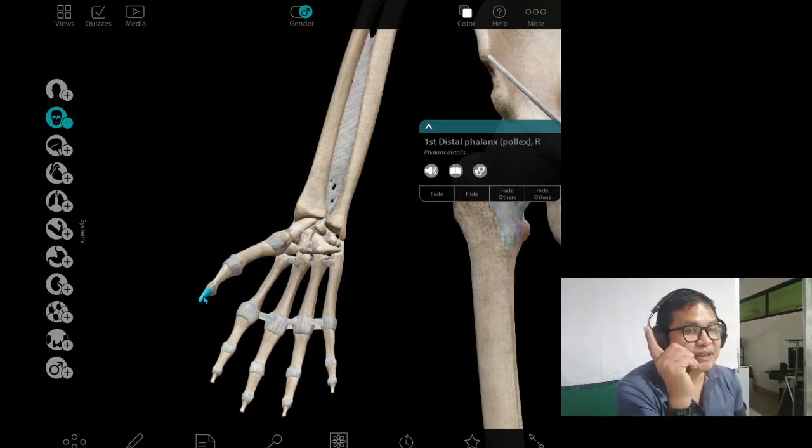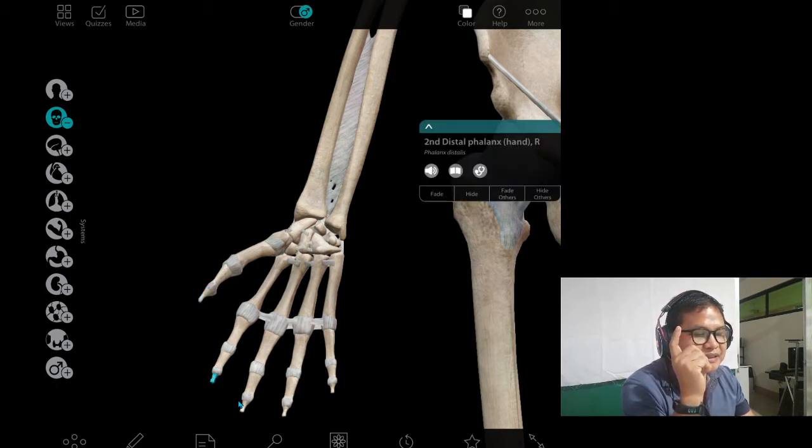Now the DIP is found at the tip. Here we have the DIP. See, this is the DIP of your second, third, and fourth. And you notice there's a bone in between the PIP and the DIP.